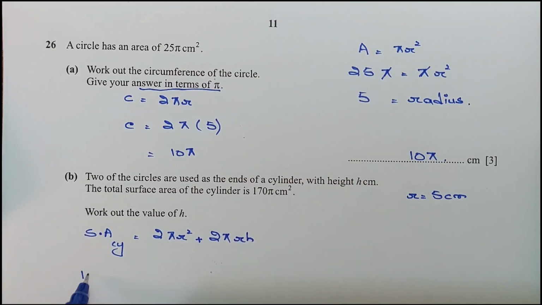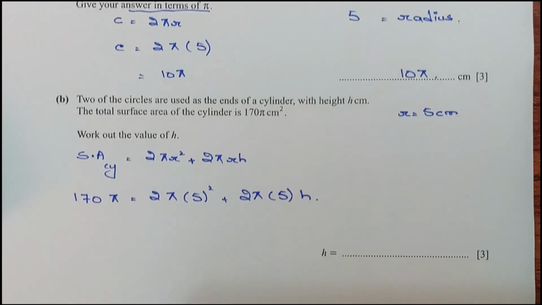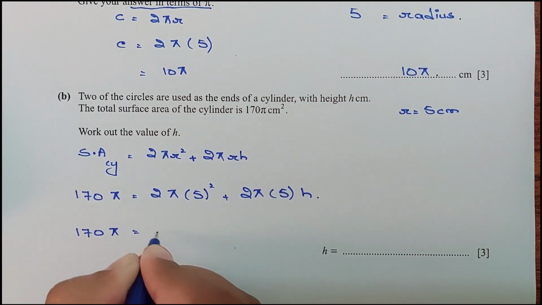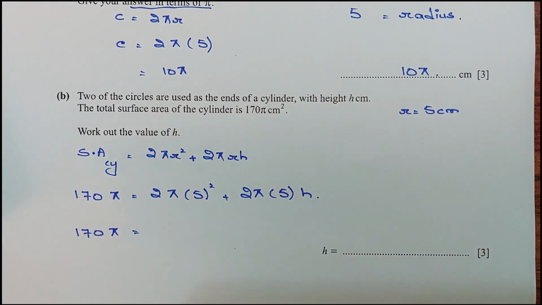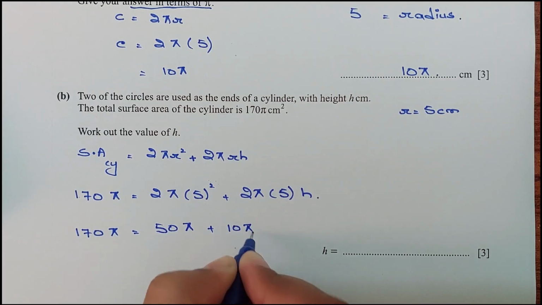So this is given as 170 pi, which equals 2 pi times the radius 5 squared plus 2 pi times the radius 5 times the height. We have to solve for height. This is 170 pi. 5 squared is 25, and 25 times 2 is 50 pi, plus 10 pi h.